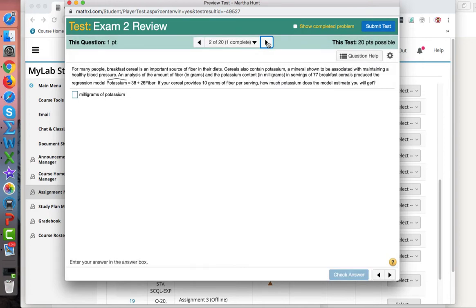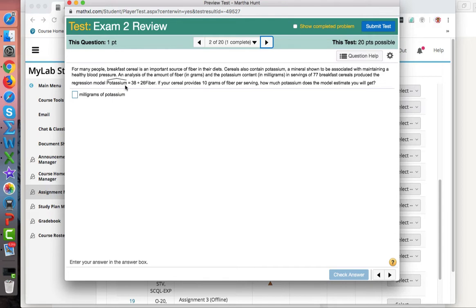Problem 2. For many people, breakfast cereal is an important source of fiber. Cereals also contain potassium. An analysis of the amount of fiber in grams and potassium in milligrams in servings of 77 breakfast cereals provided the following regression model.